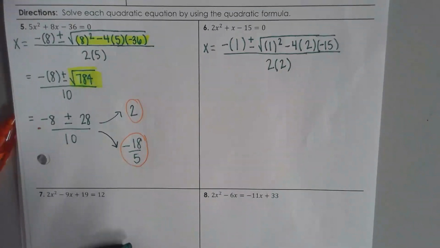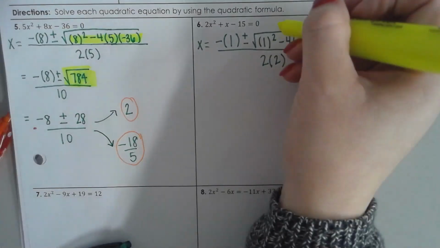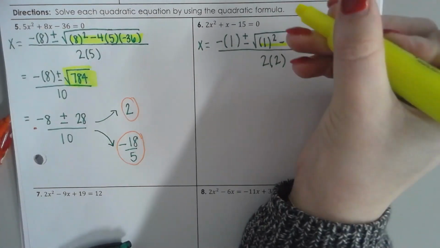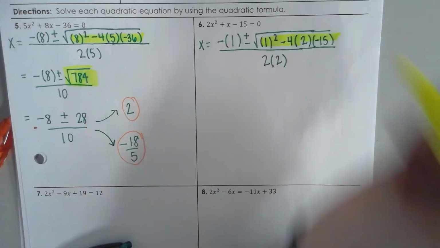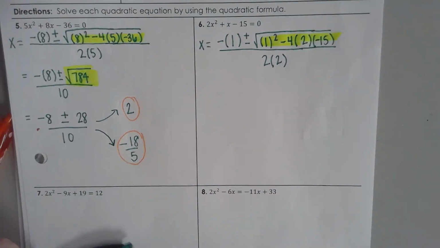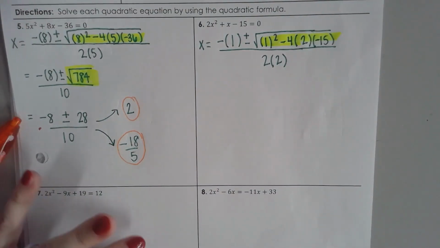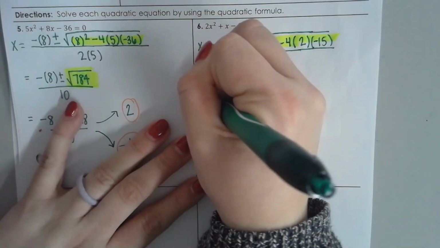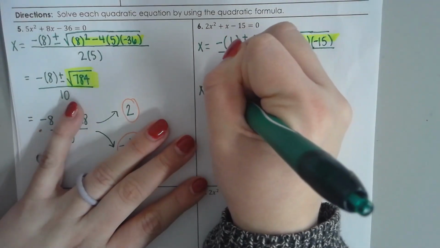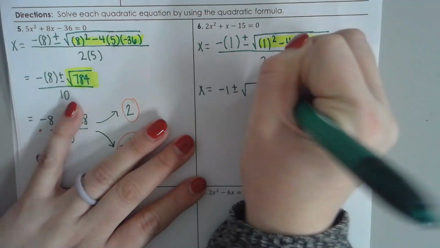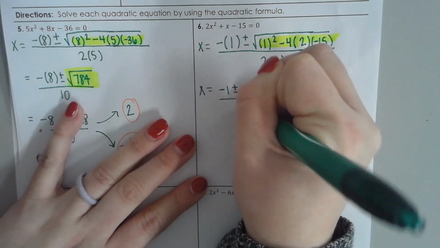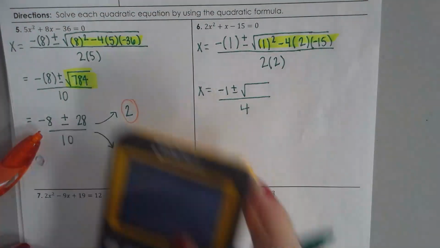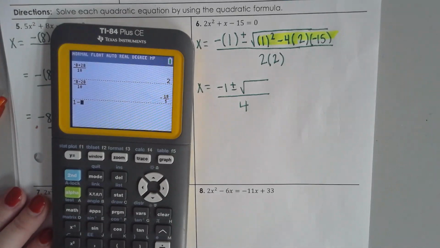So we're just going to type in the discriminant part first to see my next steps, to see if it's going to be a perfect square or not. I said that. 121.